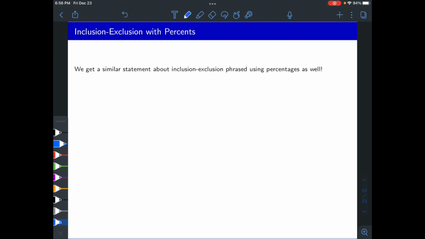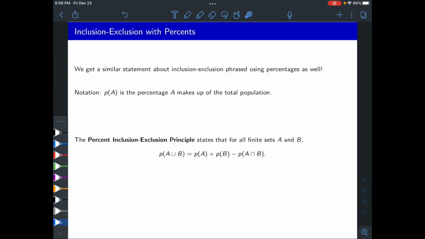Inclusion exclusion works just the same using percentages as well. Looks slightly different, so just a little bit of notation. P of A is just going to represent the percentage that A makes up of the total population.